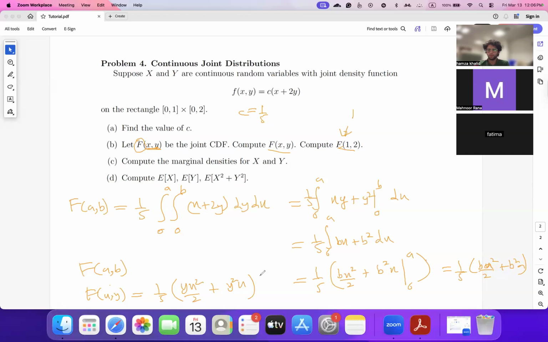Yes, sir. Okay, and then when I substitute 1 and 2, so for x I substitute 1, so what do I get? And for y I substitute 2. So 2 over 2 is just 1, right? And from here, what do I get? Well, this is 2 squared, so 4. 4 times 1 is just this, so 5 over 5, right?